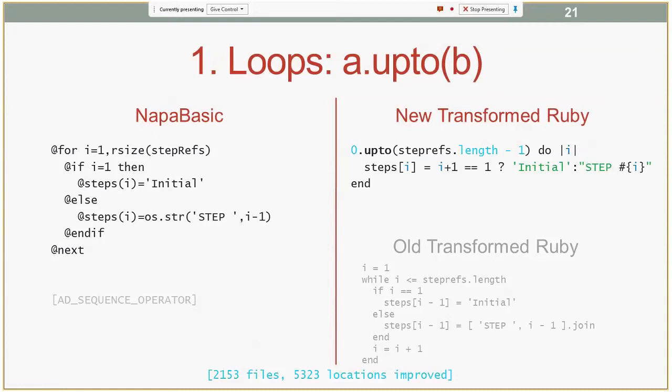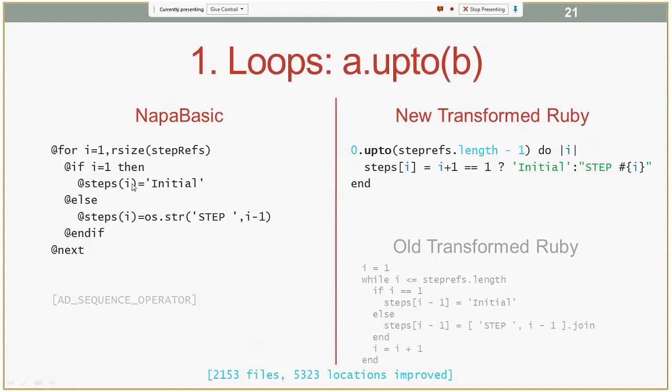Now 90% of those +1, -1 have been eliminated because the transformation can intelligently recognize that a particular variable is used as an index variable, and then it will generate first to these statements -1.